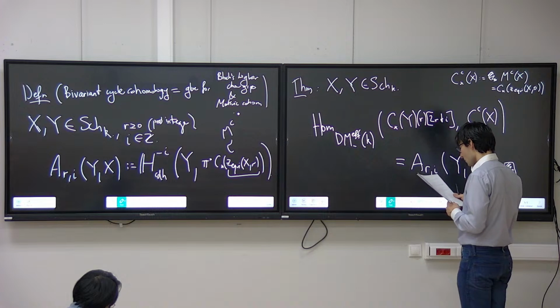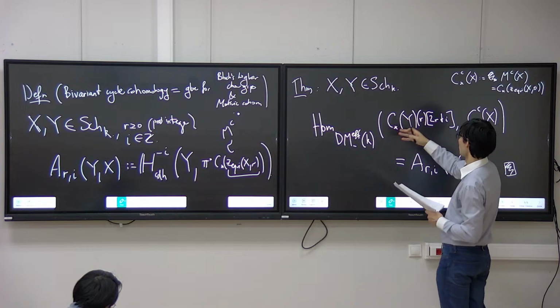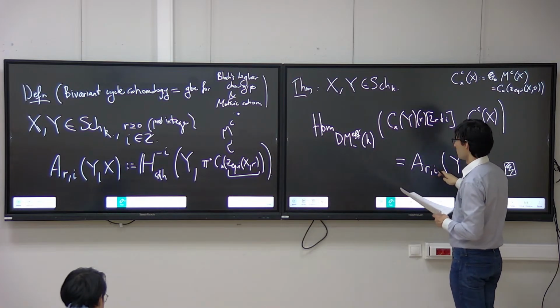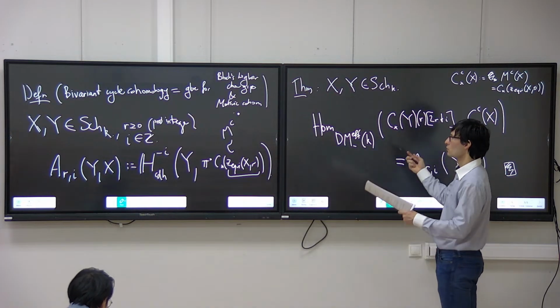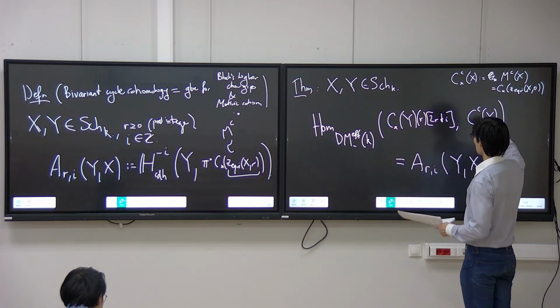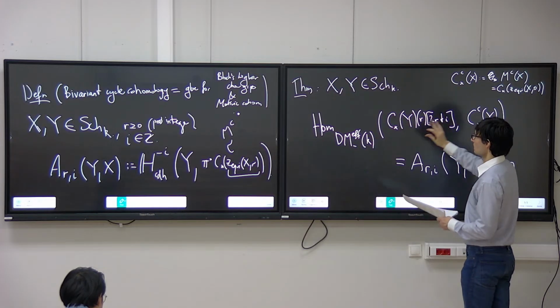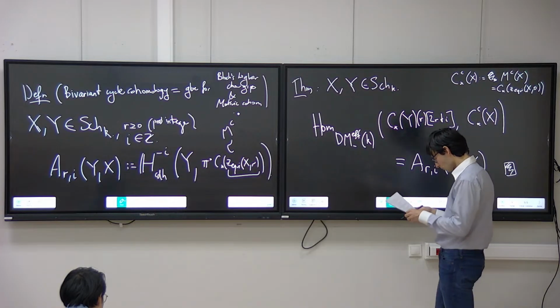So let's keep this in mind, so that we can recover ARI, this bivariant cycle cohomology, which people studied in the literature independently of all this, recovers motivic morphisms from Y to X in the motivic setup, which is related to motivic cohomology.